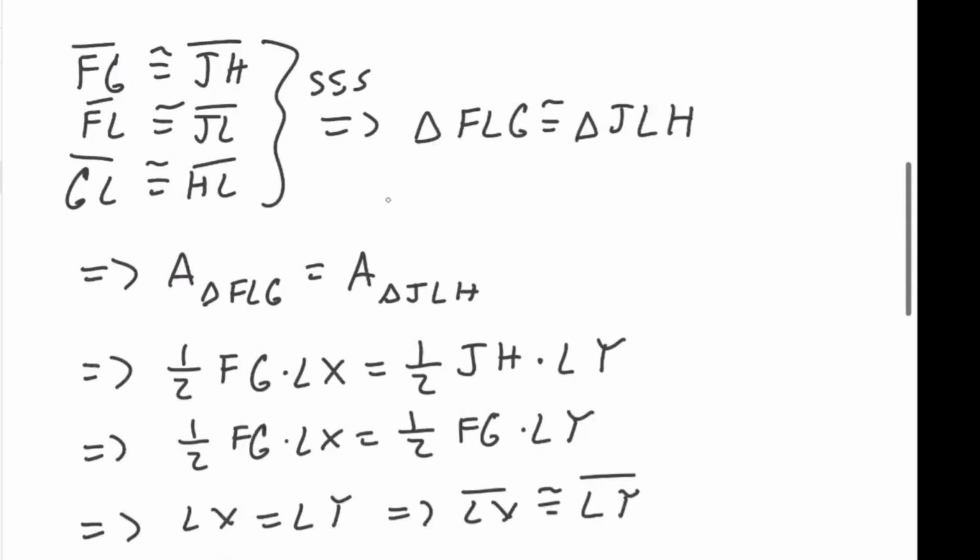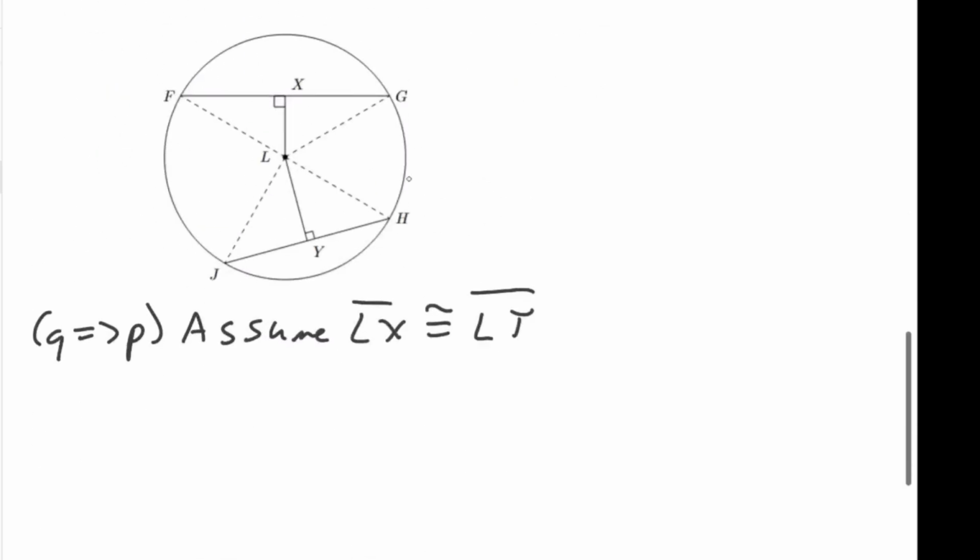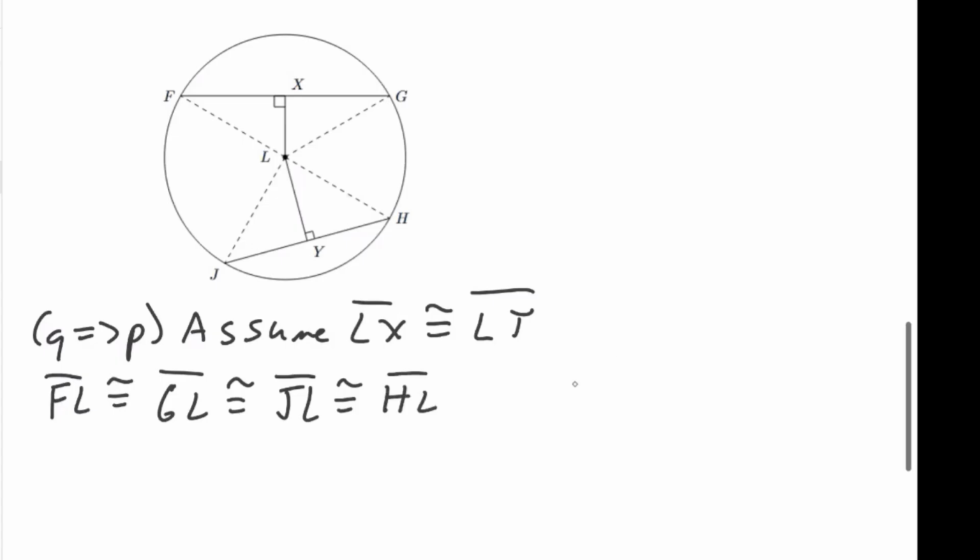I said that in the beginning. So I'll write that again. FL is congruent to GL, which is congruent to JL, which is congruent to HL, because they're all radii. So I know this is congruent to this by assumption, and this is congruent to this because they're radii.